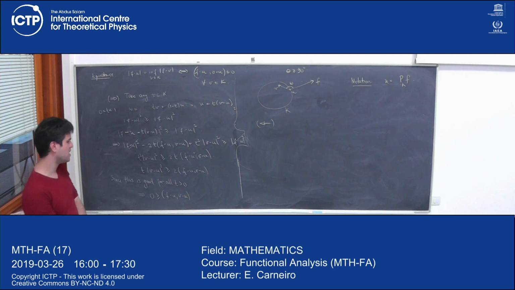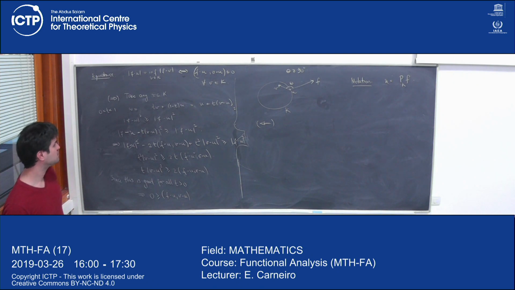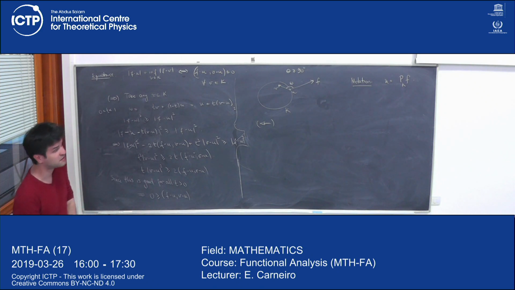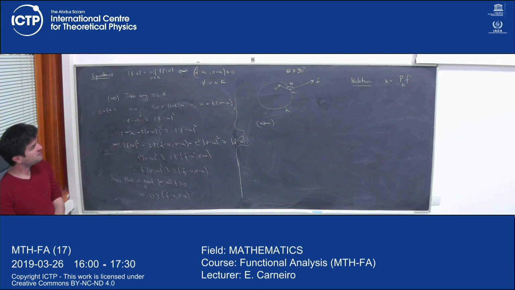Is there a way that we can come back here? If we start from here, it's bigger than 0, then we cannot put this, right? No. So there's a different way. So suppose this was for all v's in K. What do I want to do?